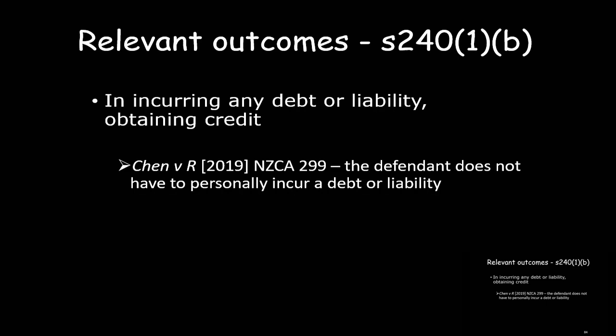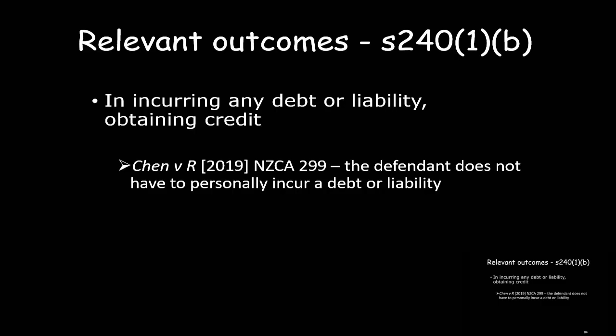So the court have said it's got to be fresh credit because of the word obtain. Right, so under 228, if you've got credit and then you extend that credit, or you've got debt or liability and you extend that to get more credit, 240 won't capture that because you haven't obtained it, whereas 228 might.